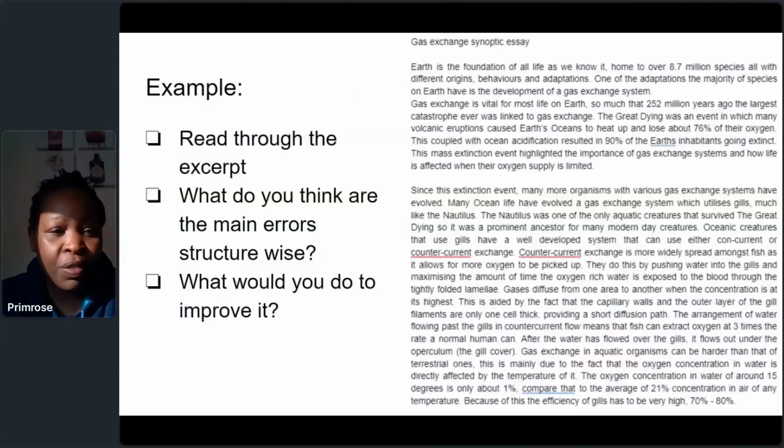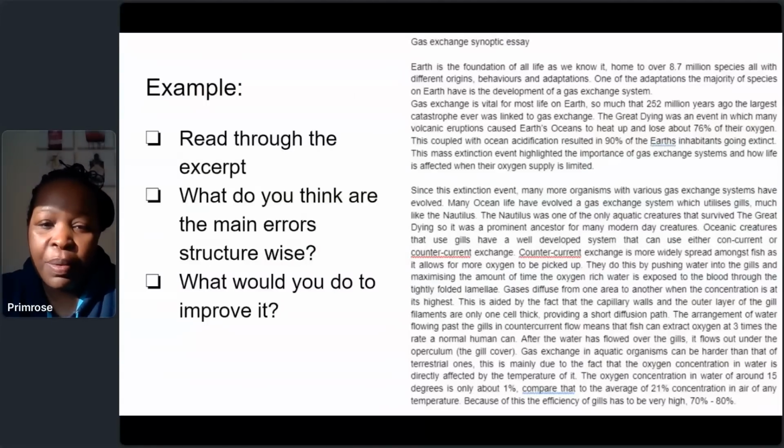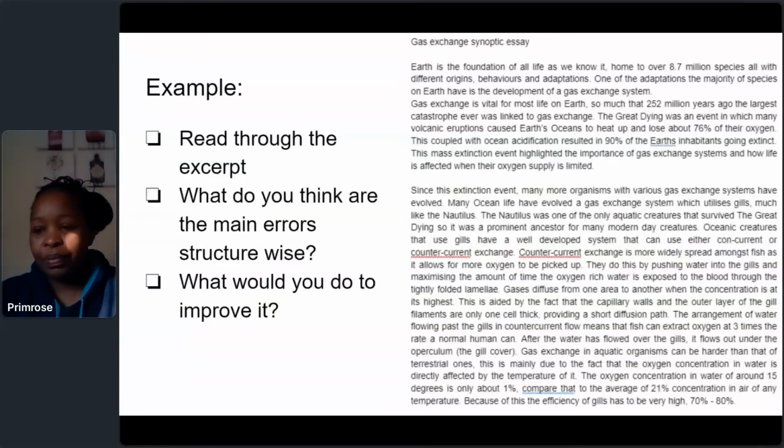Does it have enough flow? And are there things they've done that they could just get rid of? Are they answering the importance of gas exchange? So I'll just pause for a couple of minutes. Now, if you're watching the video later, read the excerpt, and then think about the questions as well, and then we can discuss them as well.